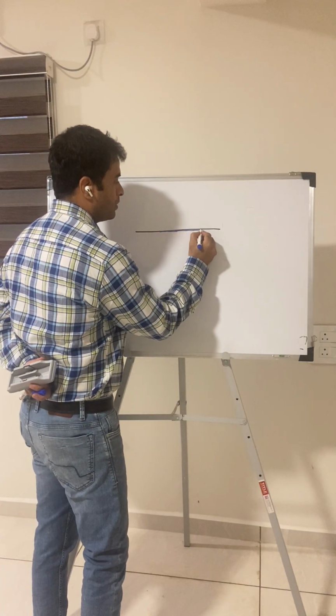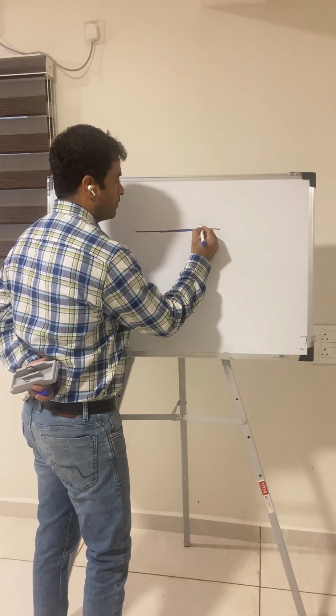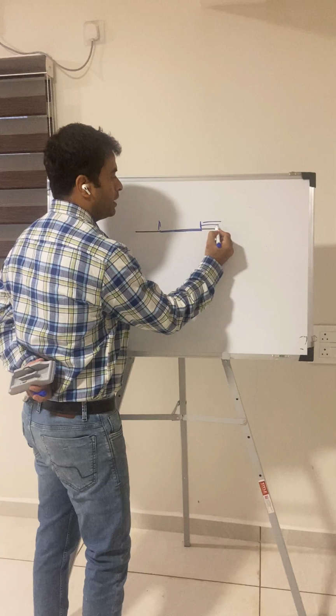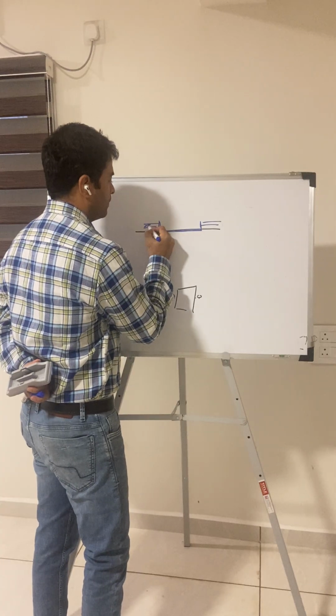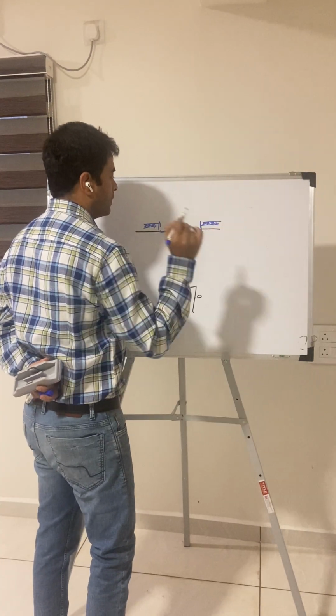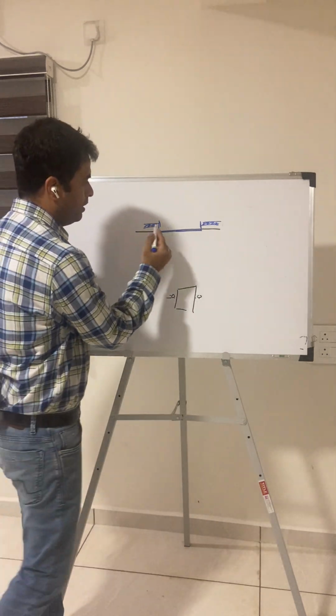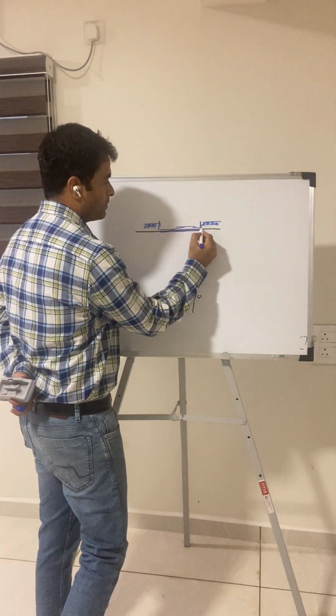This is the plenum box, where the ducting will be connected, and there will be HEPA filters here.